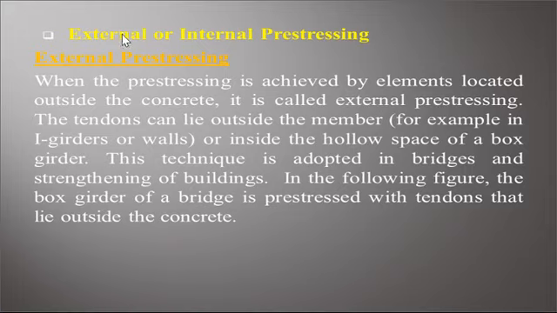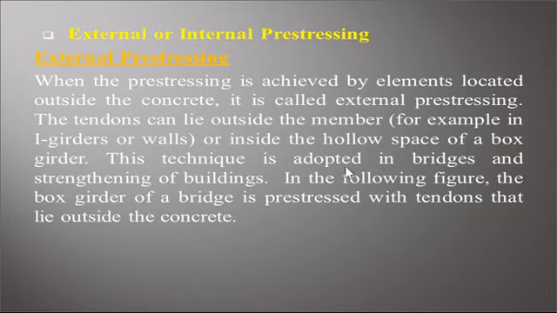Now, next is another classification or type, that is the external and the internal prestressing. External prestressing, when the prestressing is achieved by elements located outside the concrete, it is called external prestressing. The tendons can lie outside the member, for example, in case of I girders or wall, or inside the hollow space of the box girder.